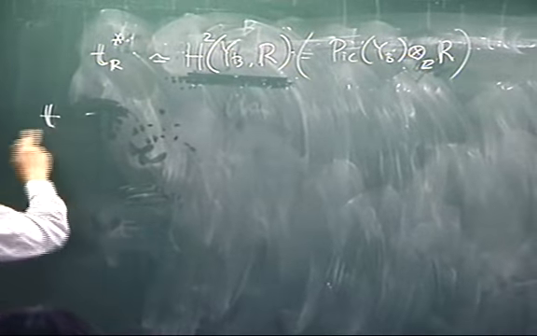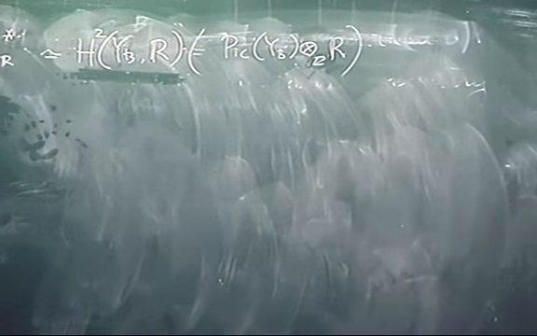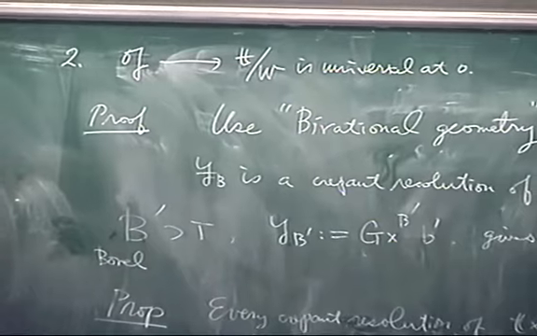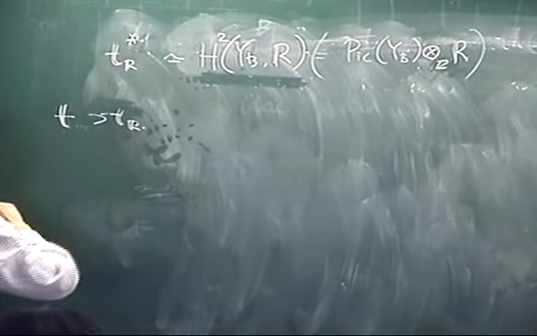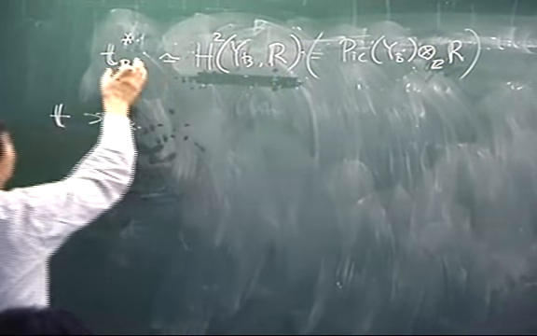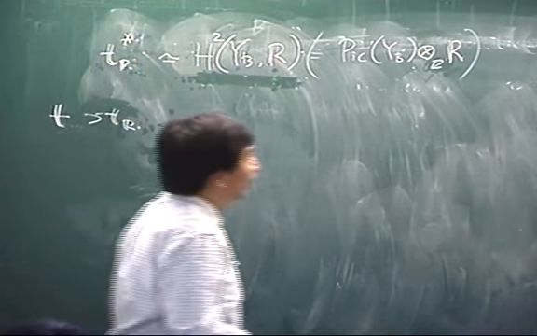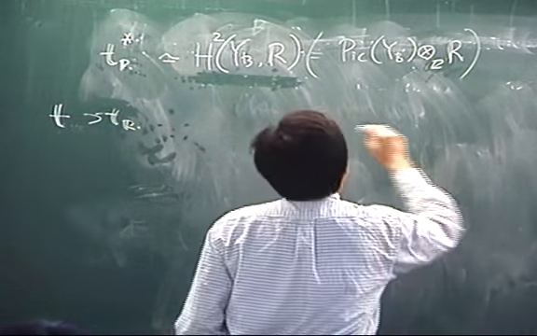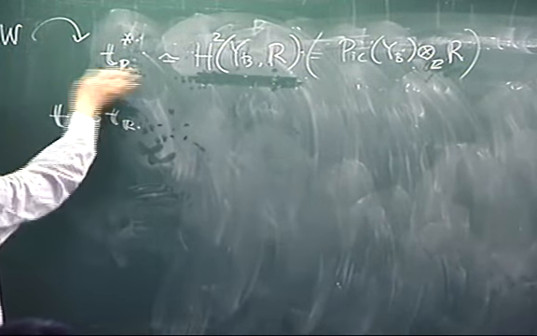You have T, the Lie algebra corresponding to the original T. But T has a natural real structure, and take its dual. So this space can be identified with the dual space of T_R. Okay? And the Weyl group naturally acts on this space as a dual action.